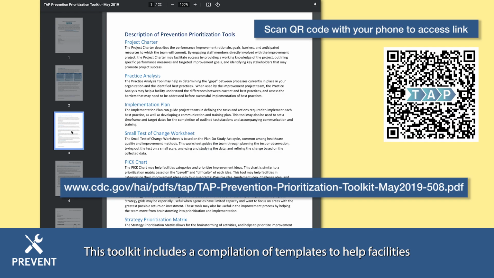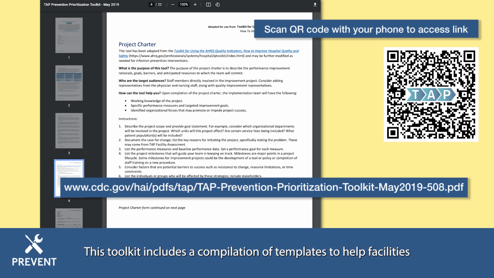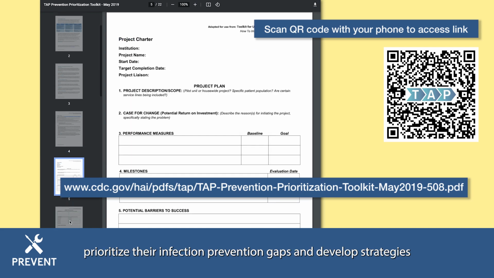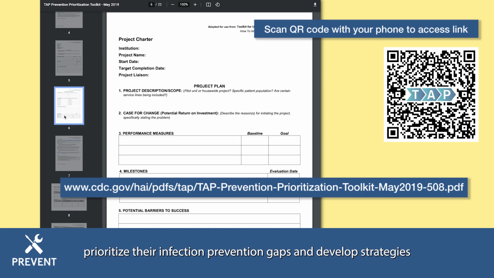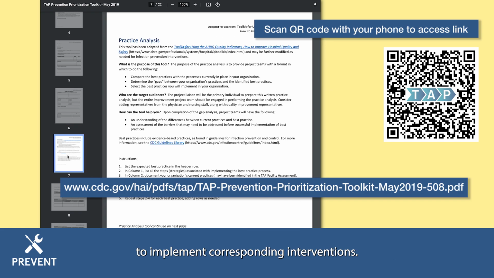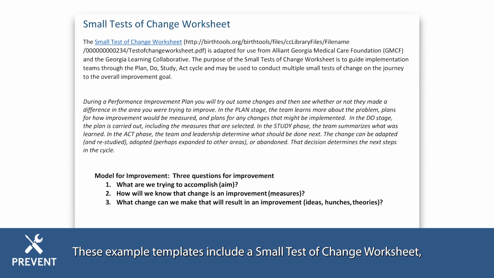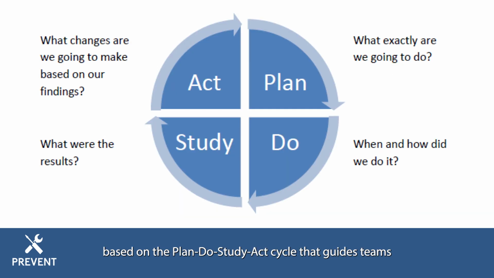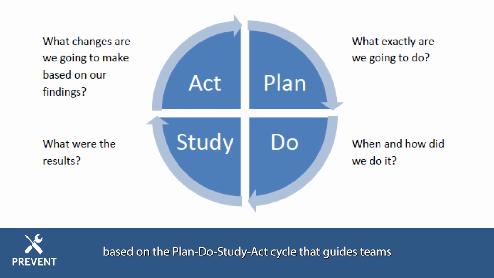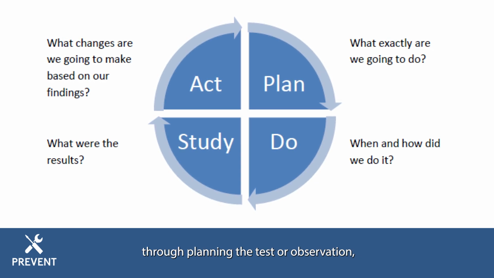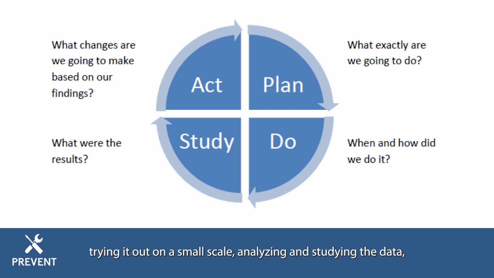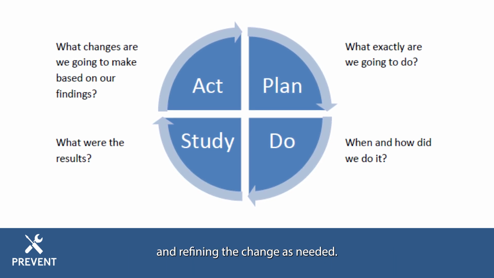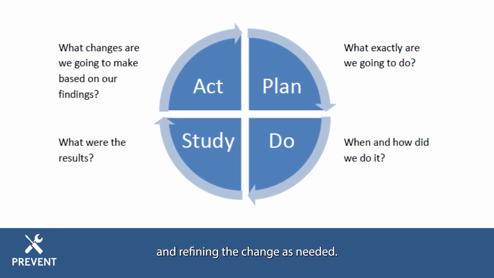This toolkit includes a compilation of templates to help facilities prioritize their infection prevention gaps and develop strategies to implement corresponding interventions. These example templates include a small test of change worksheet based on the Plan, Do, Study, Act cycle that guides teams through planning the test or observation, trying it out on a small scale, analyzing and studying the data, and refining the change as needed.